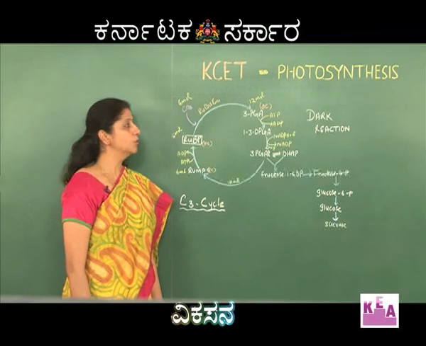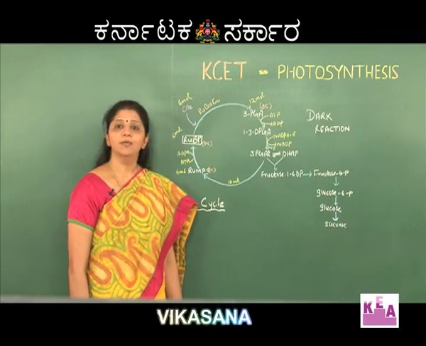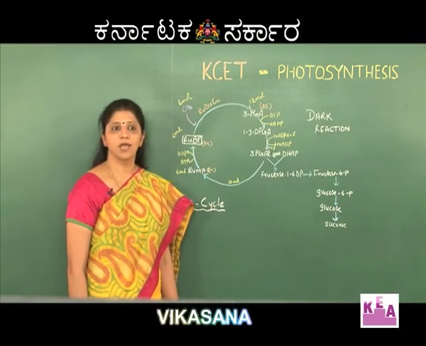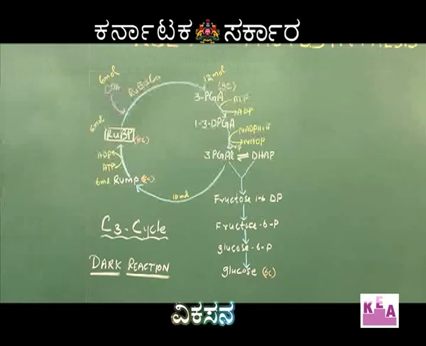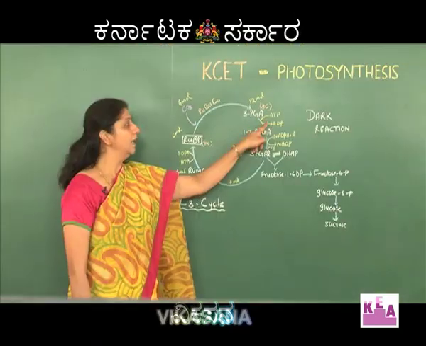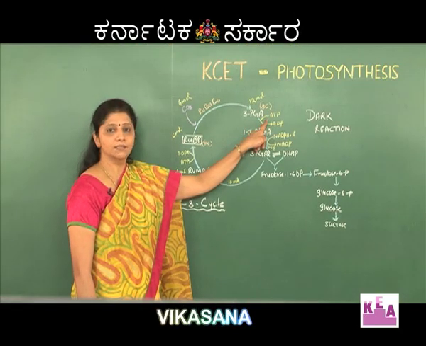Now, let me talk about the utilization of ATP and NADPH in this cycle. For the phosphorylation of 3-PGA to 1,3-DPGA, ATP molecules are utilized.